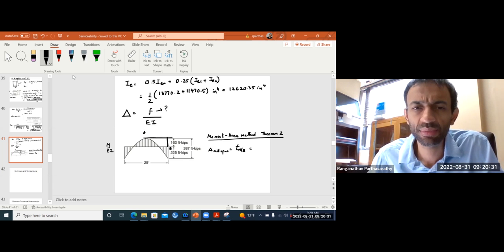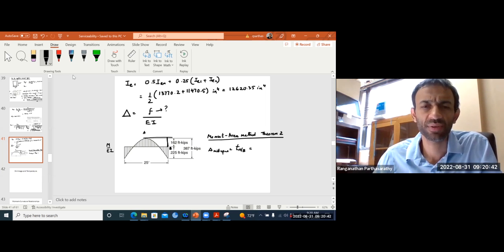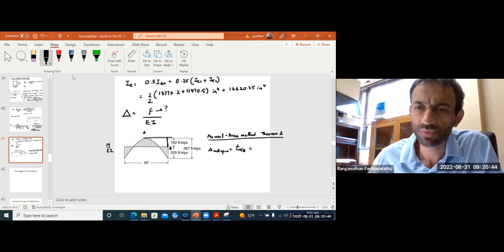So your TAB is going to be moment of this moment diagram about B, as measured from B.